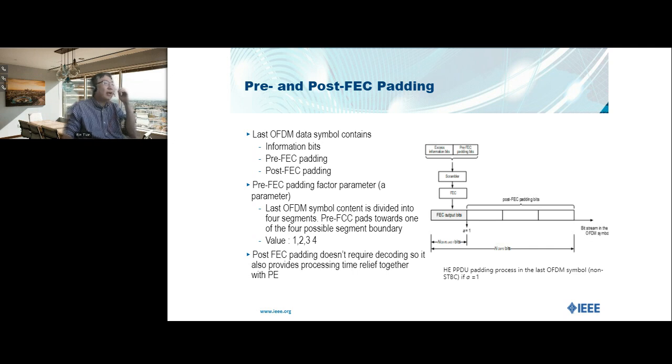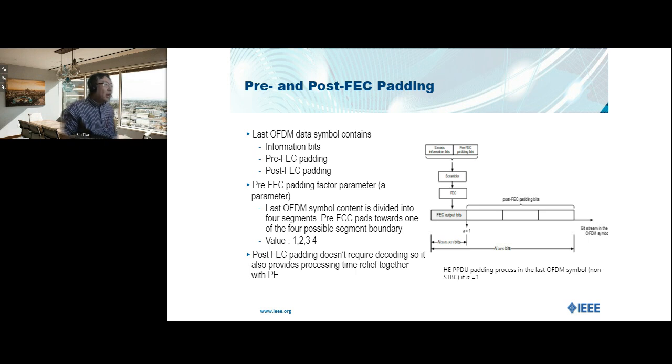Similar for A equal to 3, which is 75%, and A equal to 4, which is 100% filling of the packet, okay? Then the rest is done through post-FEC padding, so that when the PHY transmits, it has enough coded bits to fill the entire OFDM symbol.